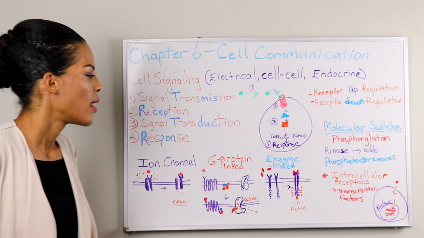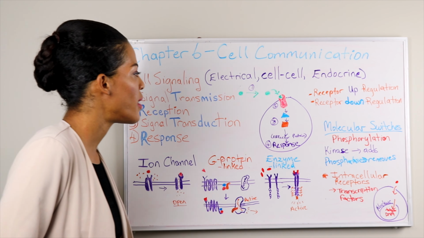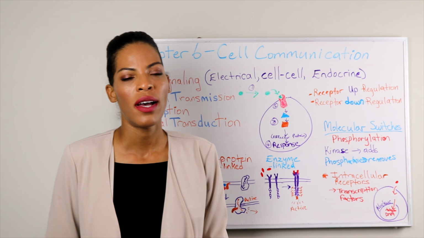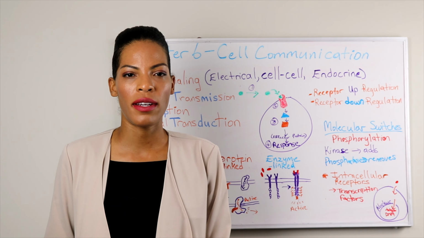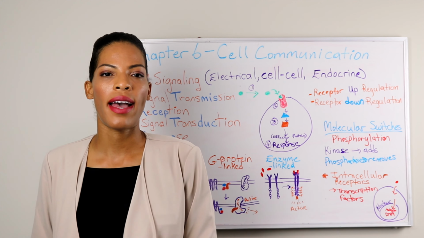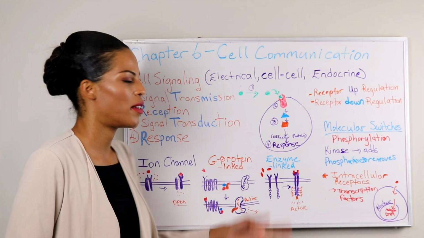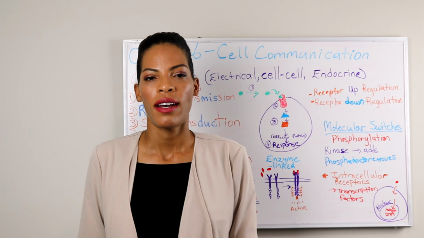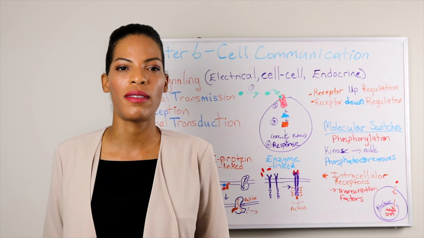All right. So a couple other things to mention here. One is that depending on how responsive your cell needs to be, that determines most times how many receptors it will have. So let's say that you only have 5 signal molecules in your cell's environment. It only needs to have a couple receptors to respond to those few signals.